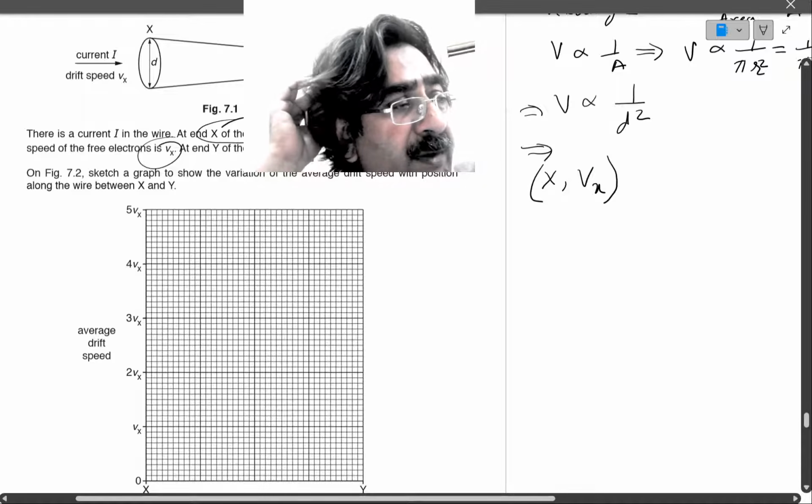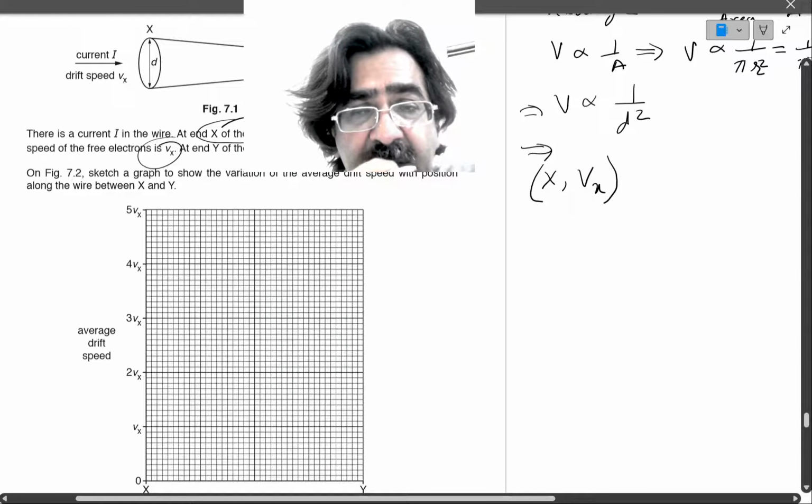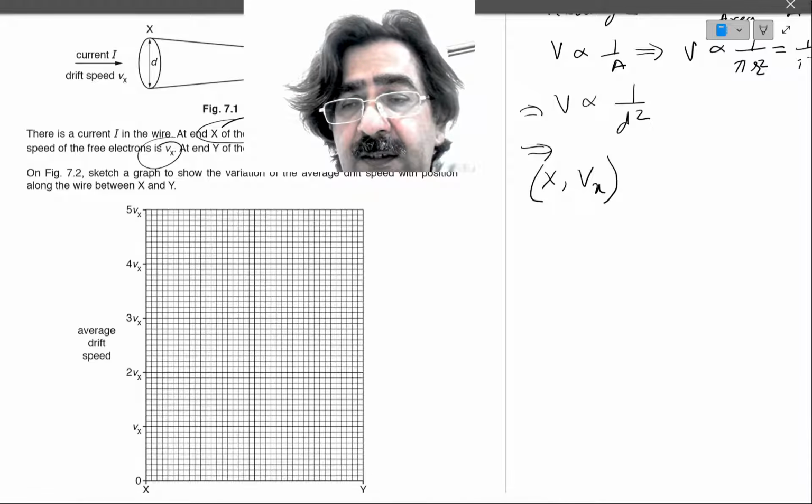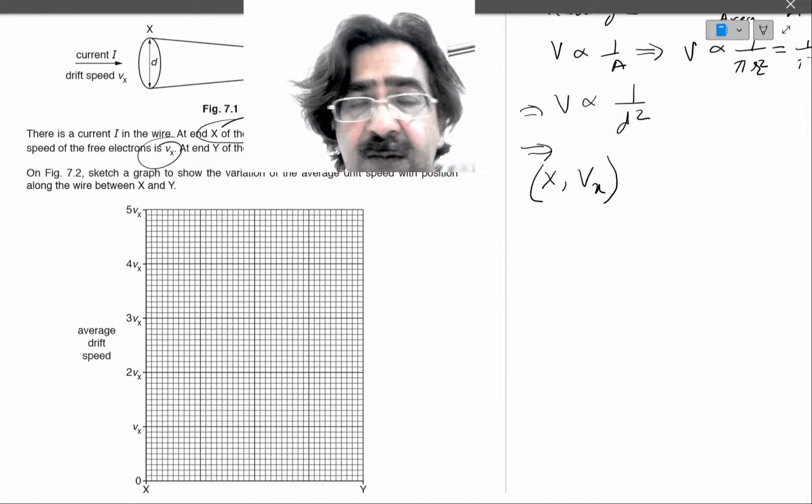So the graph will be Vx. And here the diameter is d.